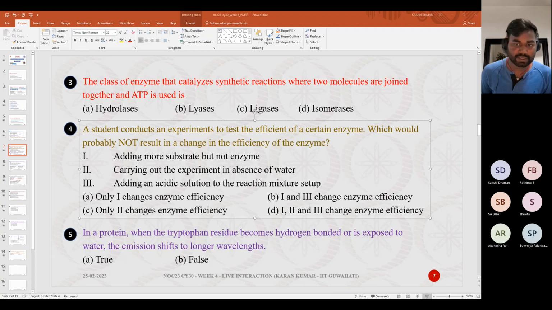What would not result in a change in the efficiency of the enzyme? And please give the rationale behind your answer. Why are you thinking like that? So anyone?